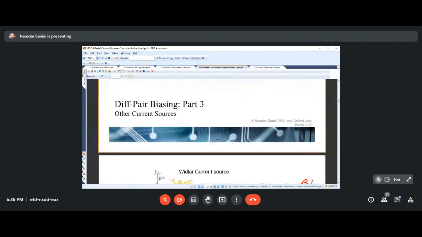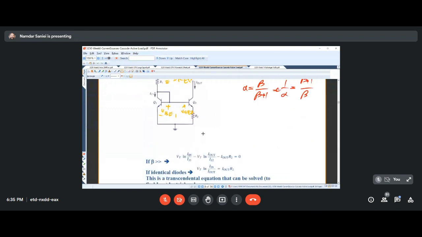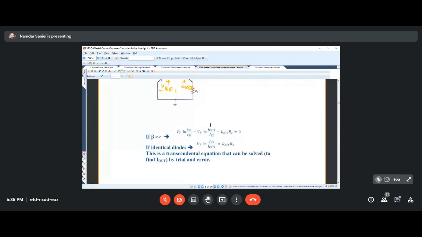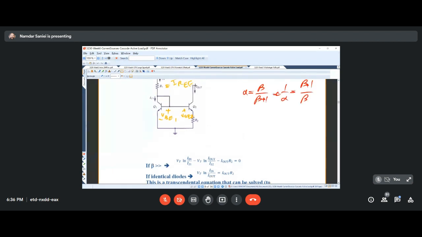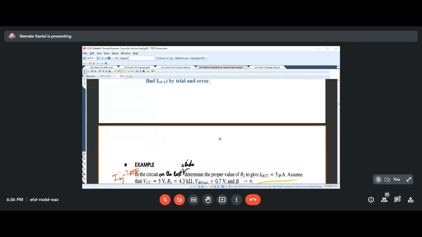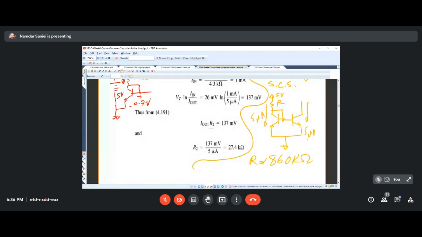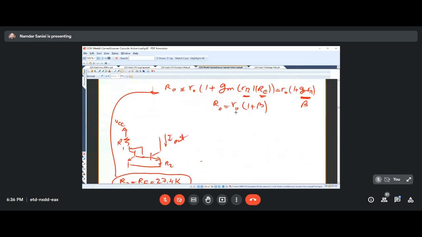And then we looked at other types, like Widlar current source. And when we studied this, we realized that it is not that easy to find the I out, the output current of this, by hand, and we had to use trial and error. But what we realized is that this was good for low amount of current, and the output resistance is relatively big.